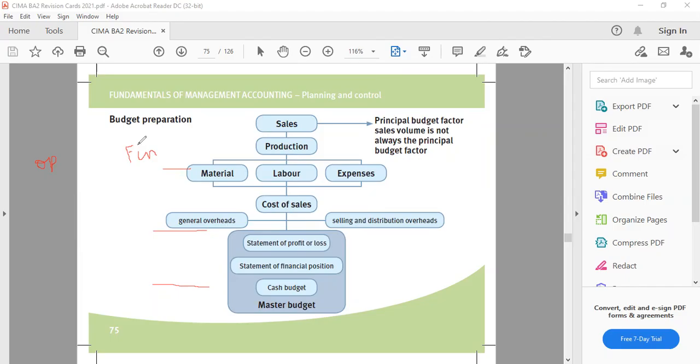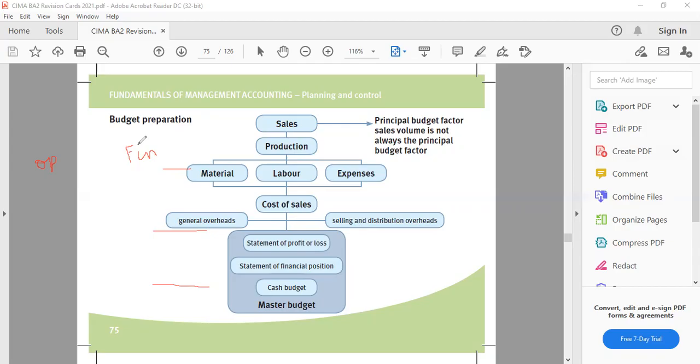So under operating budgets, all the activities which start from buying of raw material until selling of finished goods, every activity is covered under that. Under operating budget, the first and foremost budget which is prepared is called the sales budget. The sales budget is based on the estimation or forecast for the future.